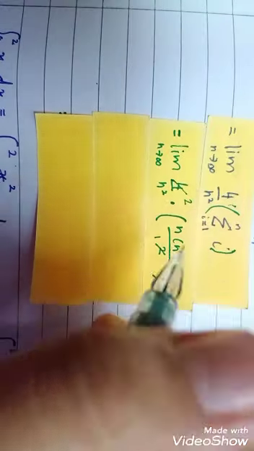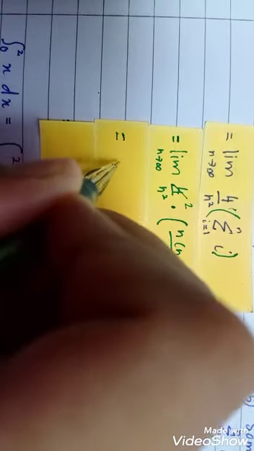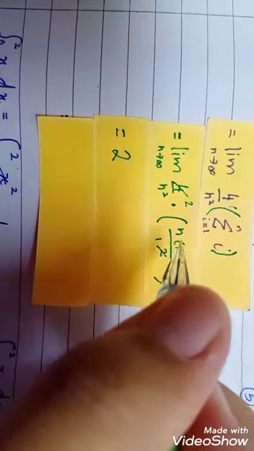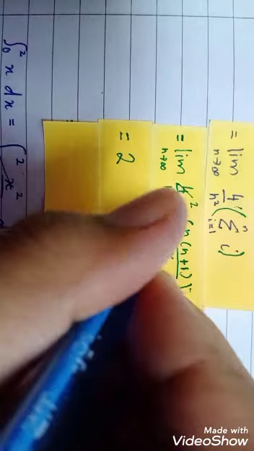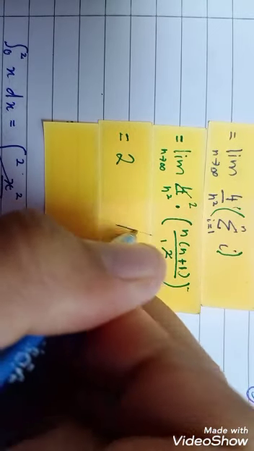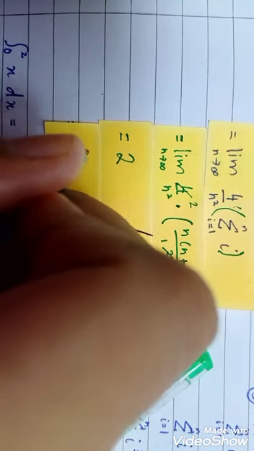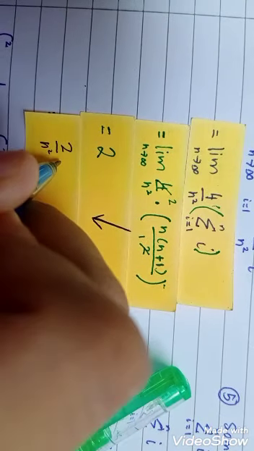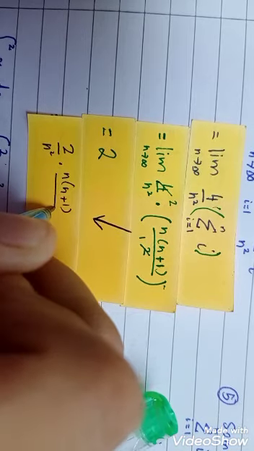So this one is 2, and the n over n squared... For this one, in case you don't know, it becomes 2 over n squared times n times (n plus 1) over 1.